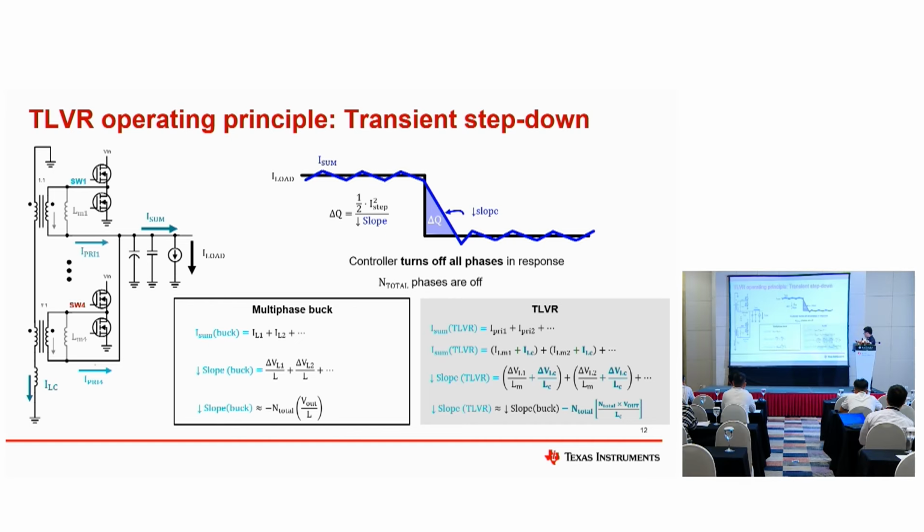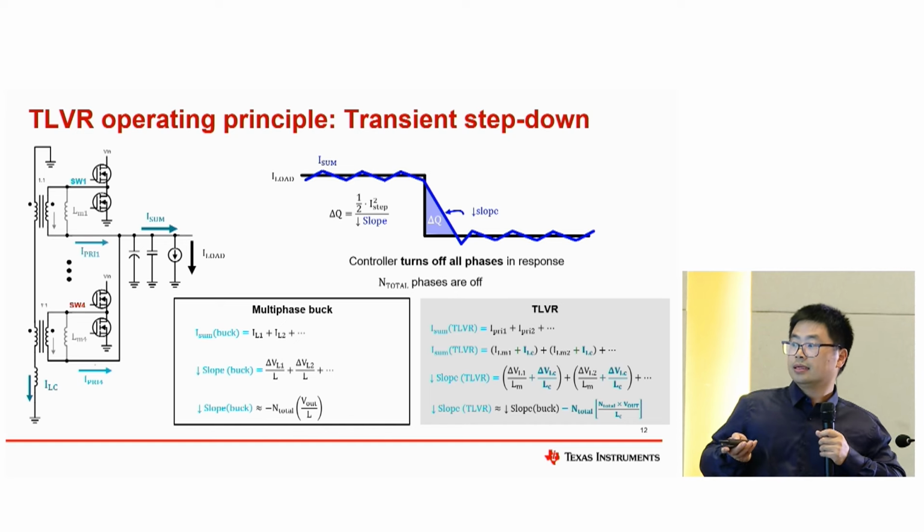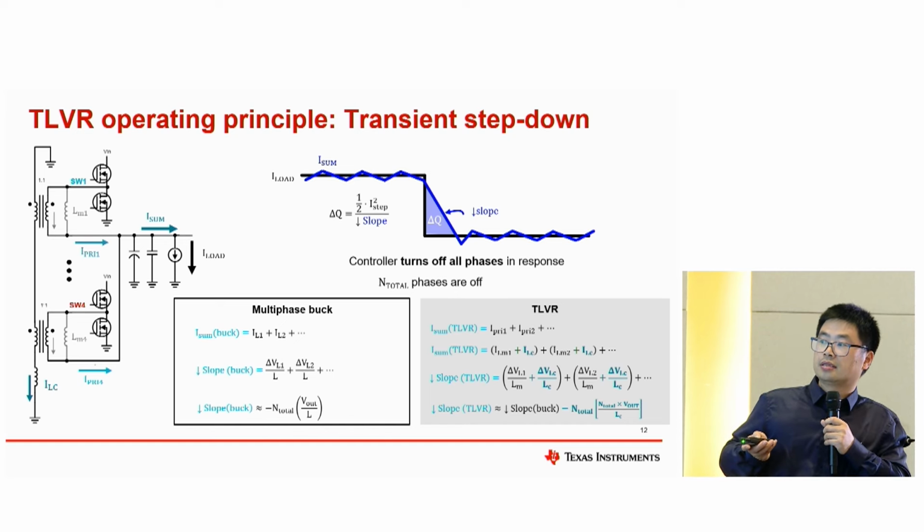And this is the step down for the TLVR. The process is similar. For the multiphase buck, the voltage here is minus V out. And for the TLVR, there are two parts of the current: this is the magnetizing current, and this is the LC current here.